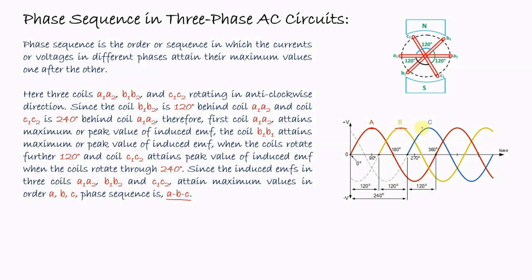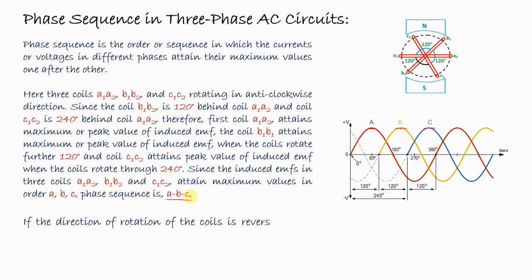And again after 120 degrees, the EMF in coil C attains the maximum value. That means A attains the maximum value first, then B and then C. So in this case, the phase sequence is considered as A, B, C. First A, then B and then C.